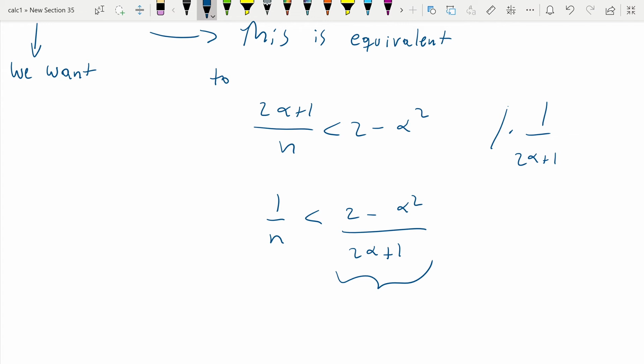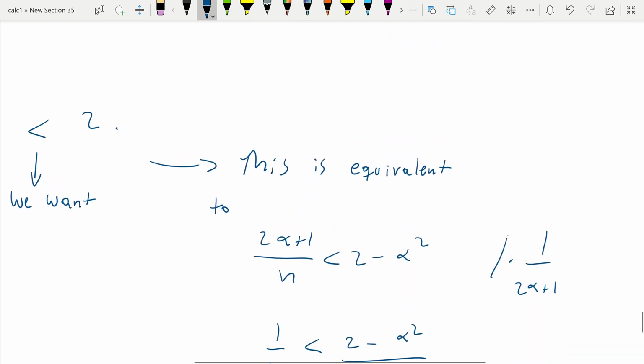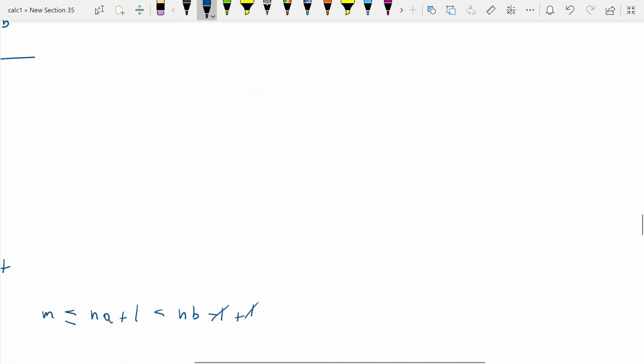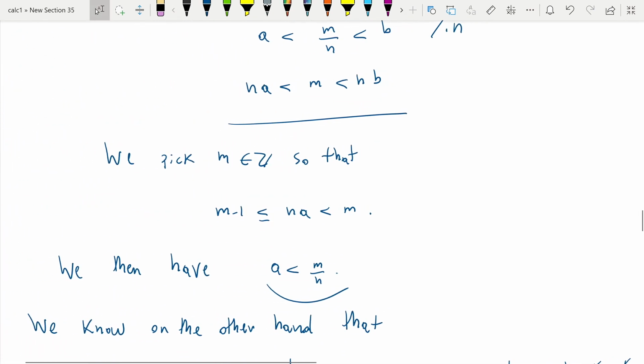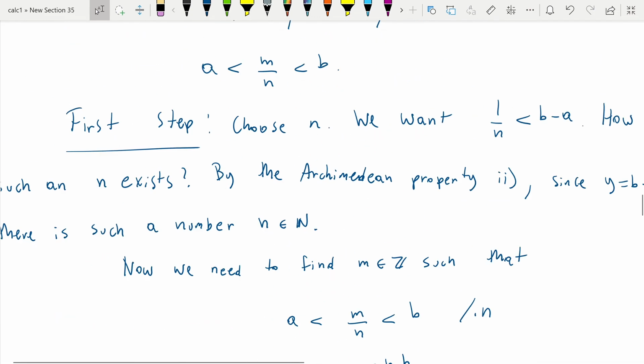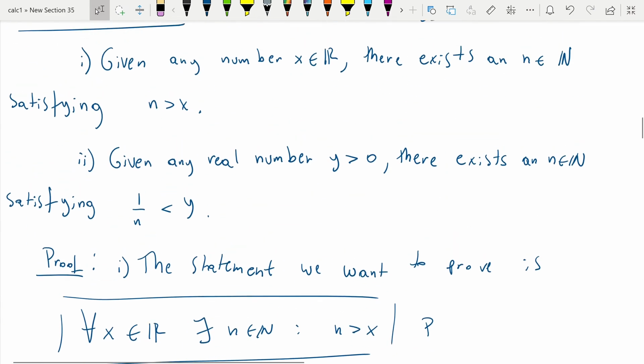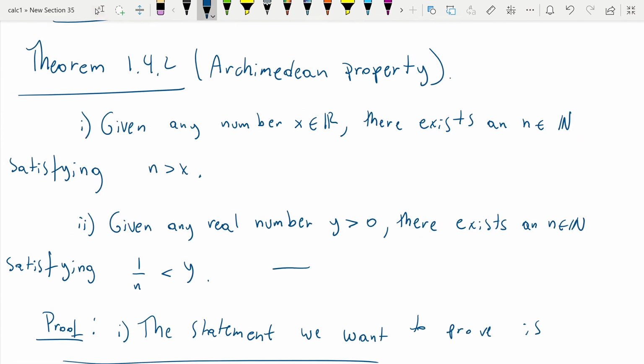How do we know that there's a number n such that this is true? Well, if we happen to know that this is a positive number, then let's go back to the Archimedean property, and we'll see that the second part actually tells us that given any positive number y, we can find an n such that 1/n is less than y.